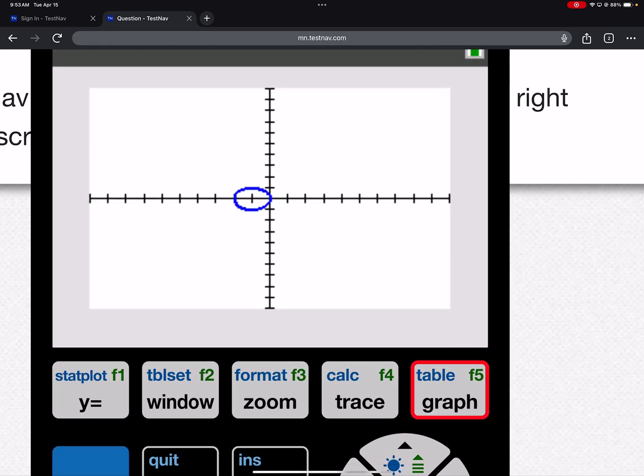Didn't do it? Let me see. Hit graph. Did you do polar mode?